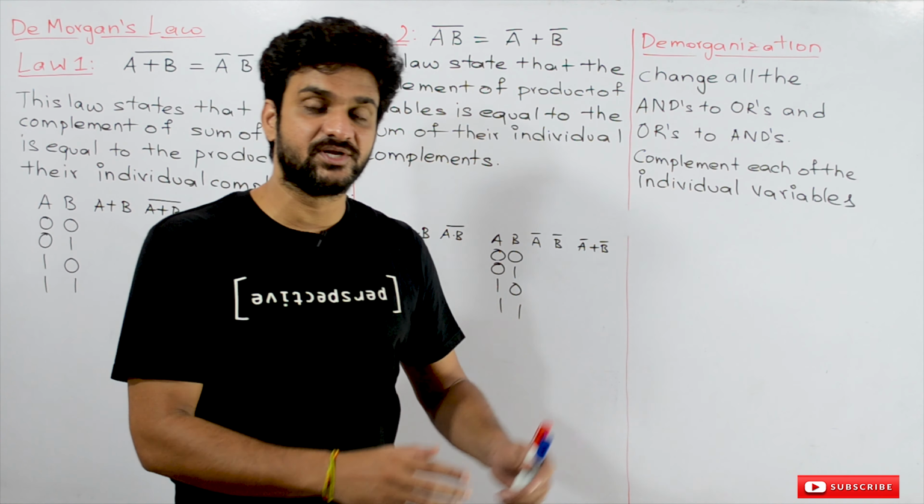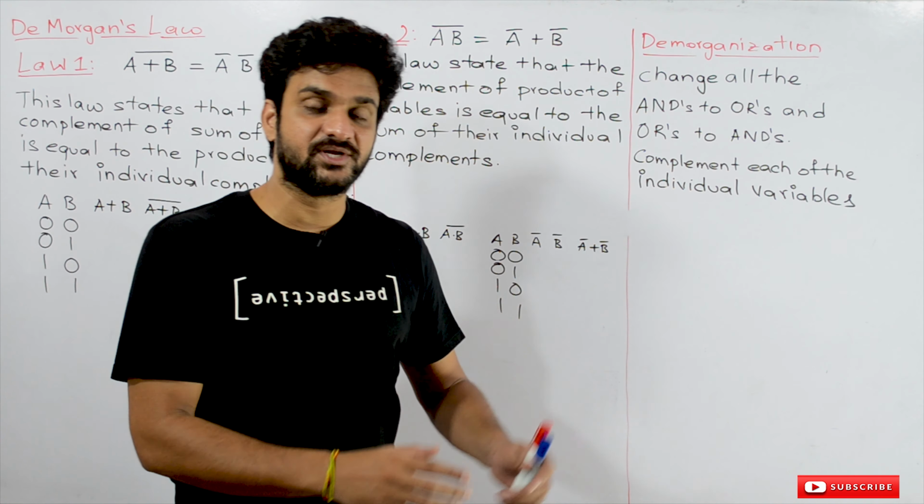The first law is this, and the second law is this. Now coming to the first law, it states that the complement of the sum of variables is equal to the product of their individual complements. What does that mean?